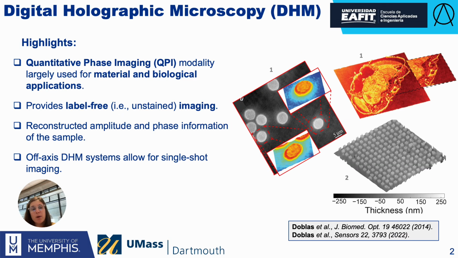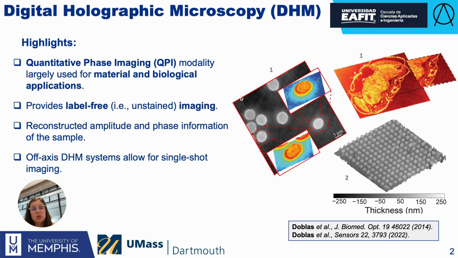So the whole idea about digital holographic microscopy is that we can get quantitative phase images. Quantitative phase imaging is a required modality for samples that are transparent, so they present low absorption when illuminated, and you don't need to stain them, so it's label free, so you don't have any toxicity added, and it's really important to do drug studies.